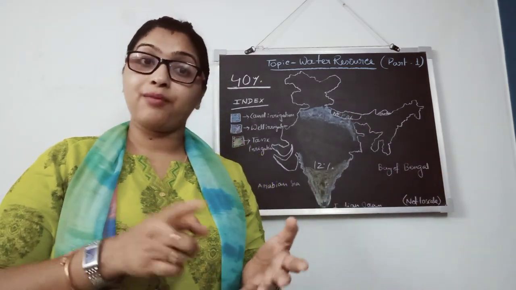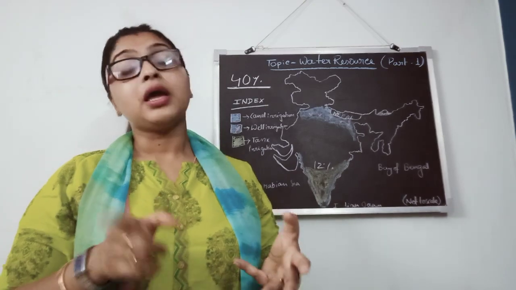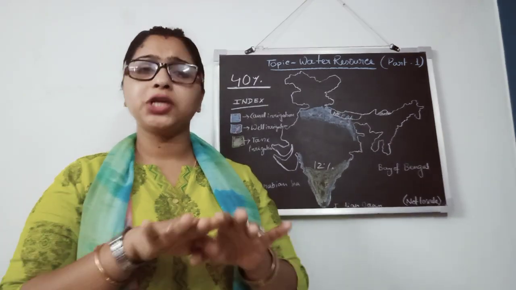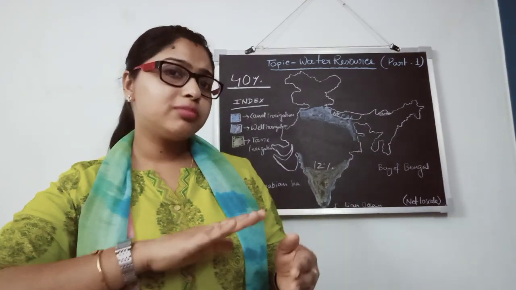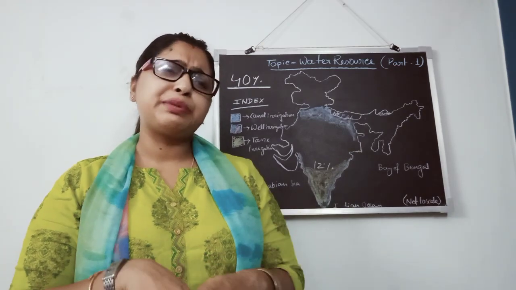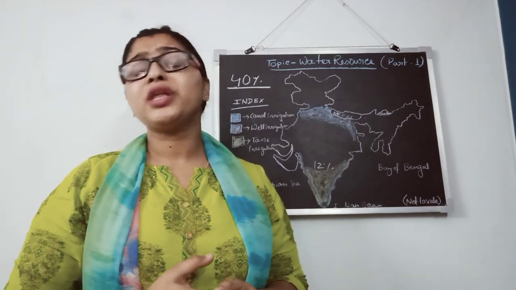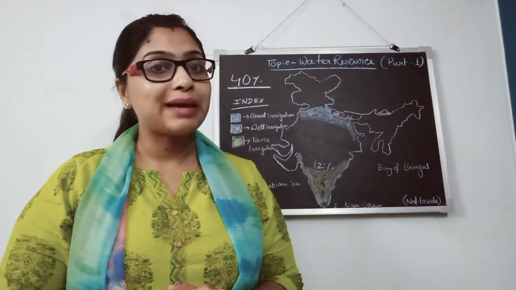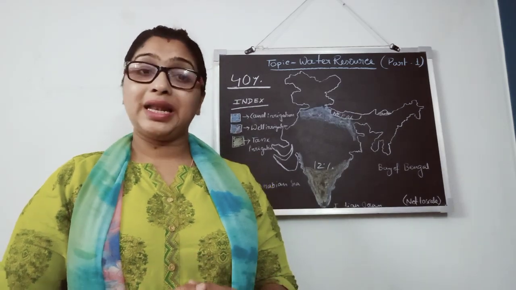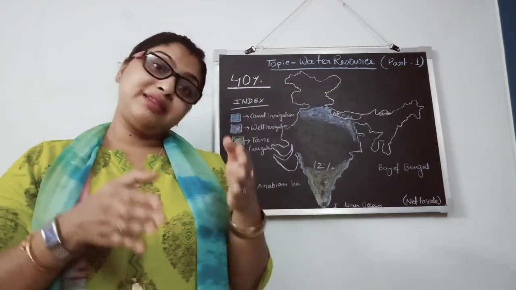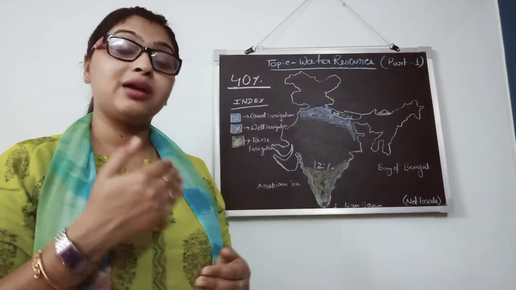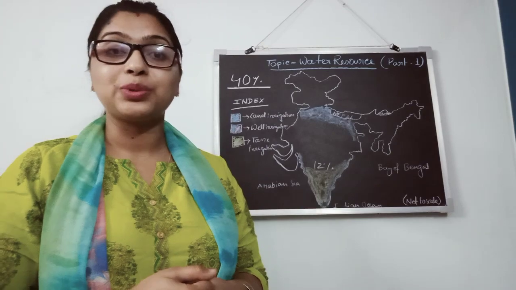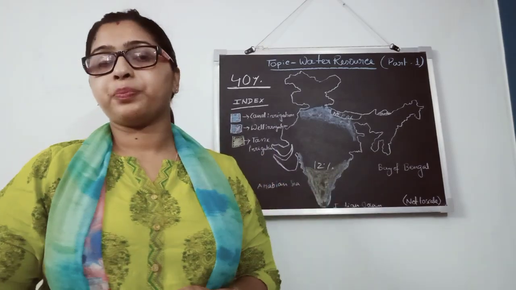That is one of the disadvantages. Number two is siltation of the tank. At the bottom of the tank, some silt deposits, and after some time we need to clear it, so sometimes there is a maintenance charge. As well as in the dry season, evaporation starts from this tank, and due to that some water is lost.